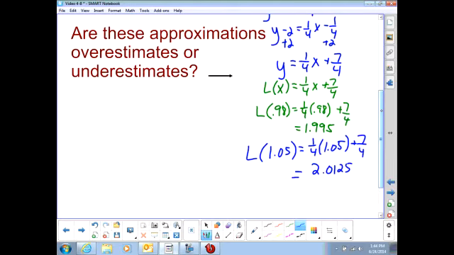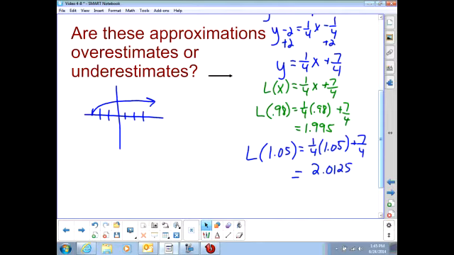Now, we want to know: are these overestimates or underestimates? Well, we're working with a square root graph. Square root graphs look something like that. We were doing the tangent line at the point (1, 2), so right here.